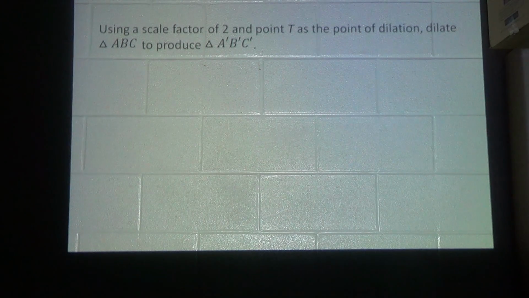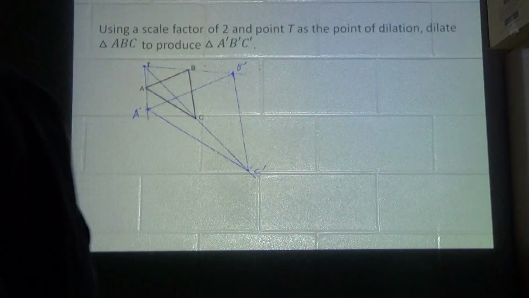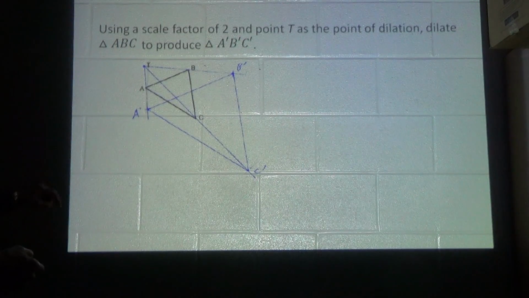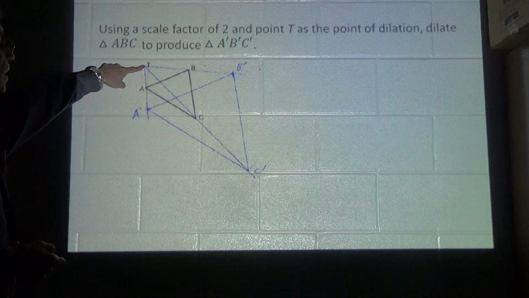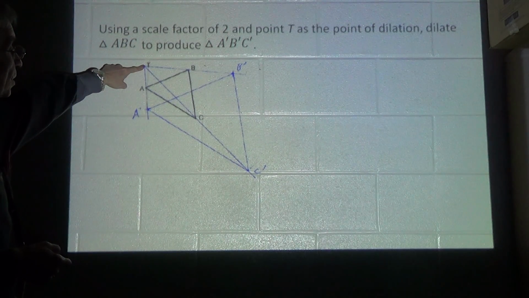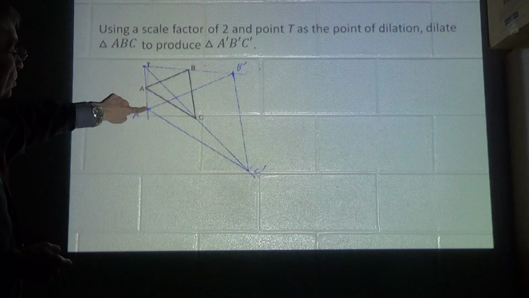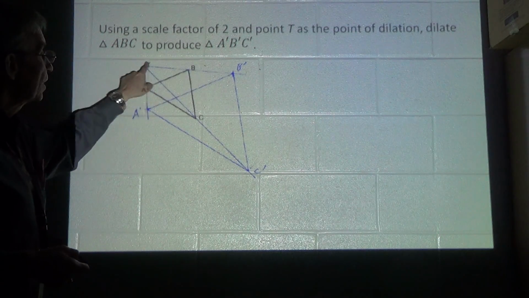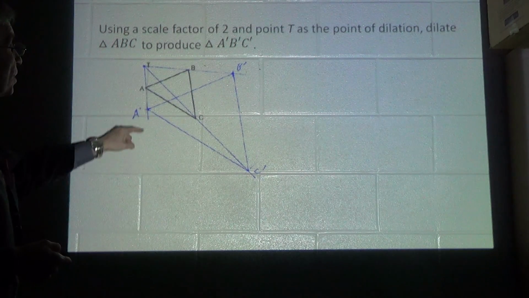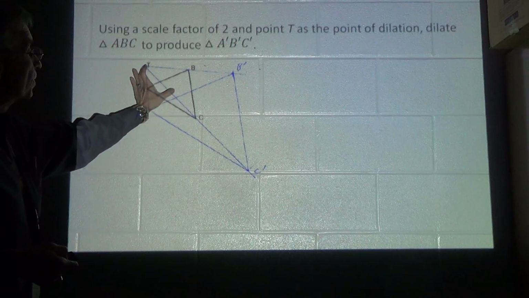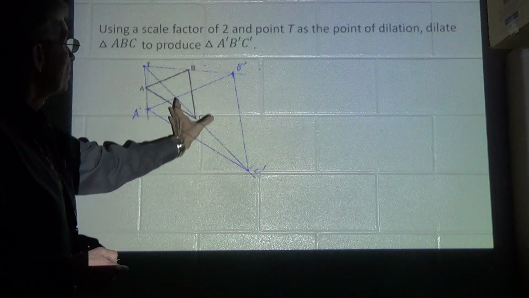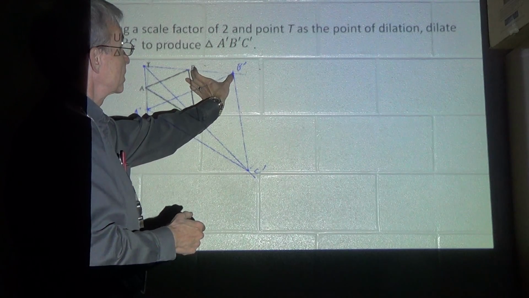Okay, example 1. Using a scale factor of 2, and point T is the point of dilation, dilate triangle ABC to produce triangle A prime, B prime, C prime. So this is what you do. You start with your original, this is your point T, the point of dilation. You draw the lines through the vertices like this, and then you measure how far this distance is, multiply it by 2, and go that distance again.